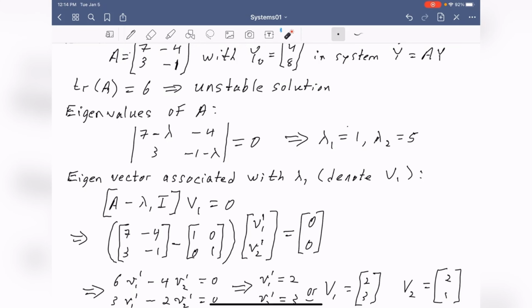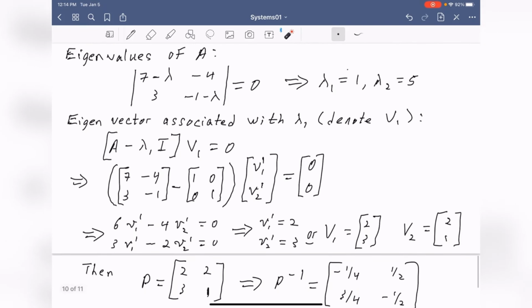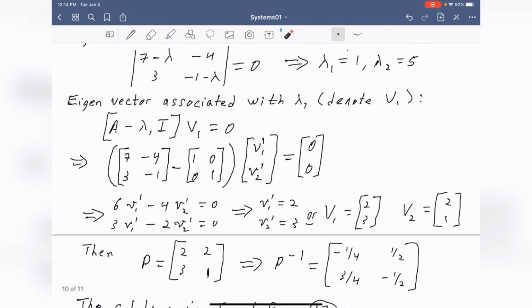The eigenvector associated with lambda 1, which we denote V1, is derived as follows. We take the matrix A and we subtract lambda 1 times I from it, and multiply by V1. V1 has these unknowns, V11 and V21, that we're going to solve for.